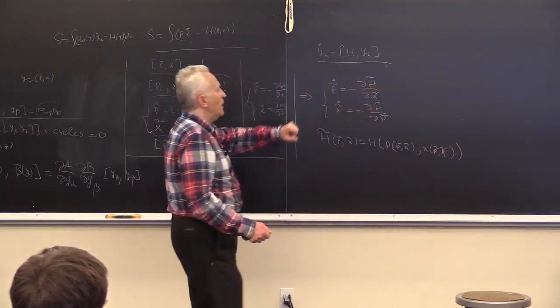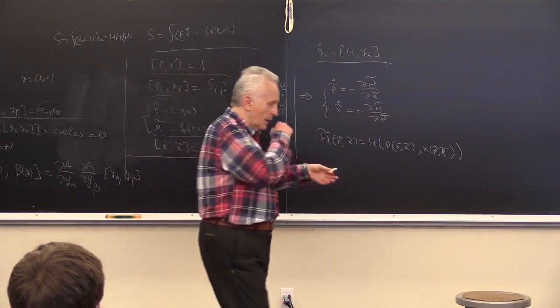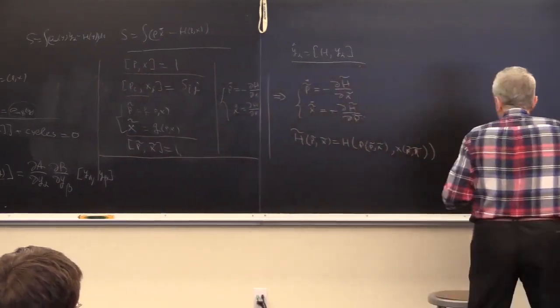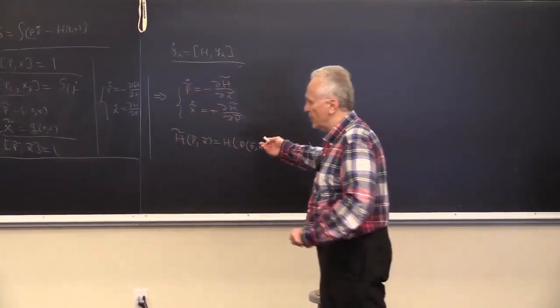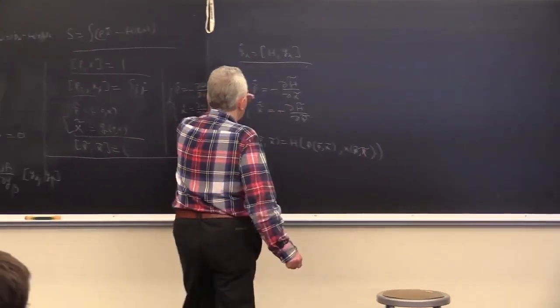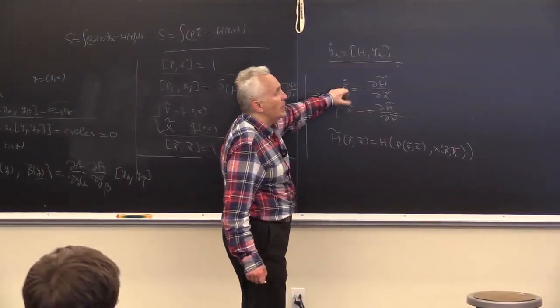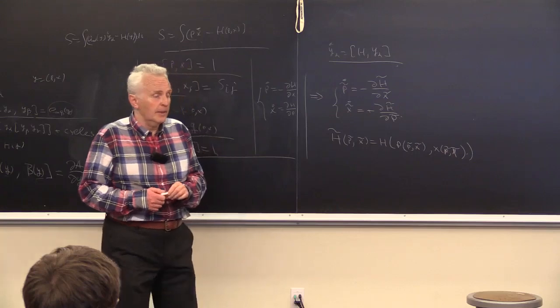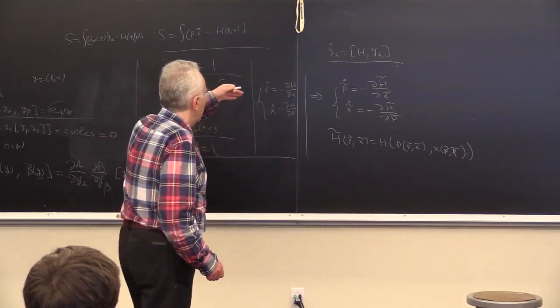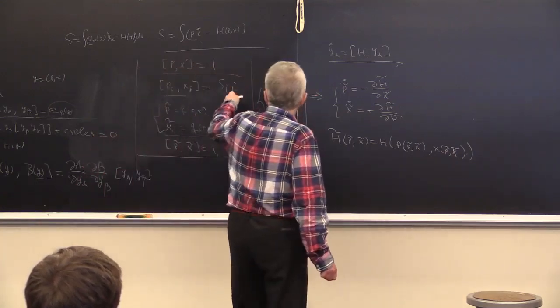So the Hamiltonian changes when you change variables. We will see in a moment how it changes. The Hamiltonian changes, but the structure of the equation remains the same. The form of the equation is unchanged.